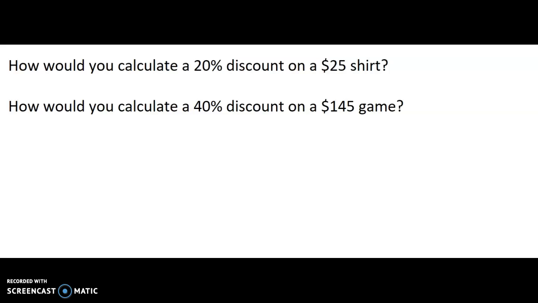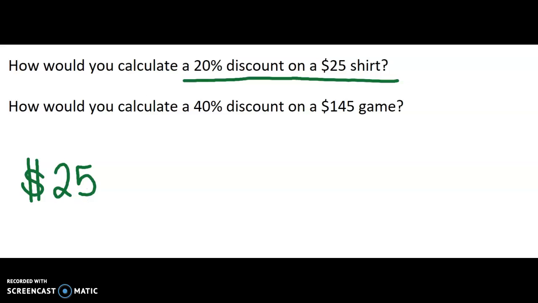But this is going to come into play later on. So how would you calculate a 20% discount on a $25 shirt? Think about this right now. If the shirt is originally $25, and it's a 20% discount, the 20% means it's gonna go down 20%.